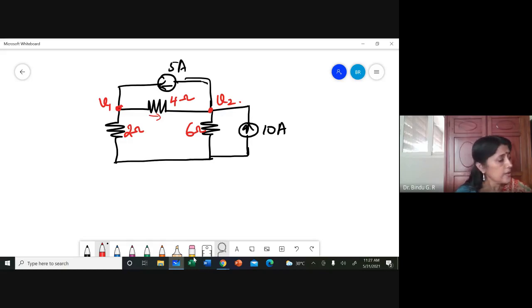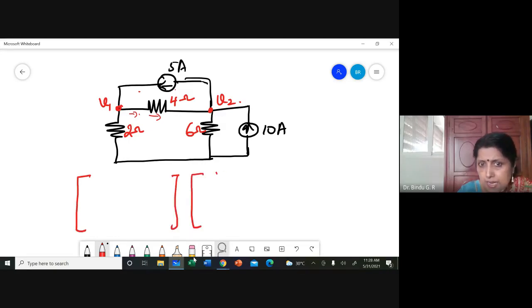Now, you can write the equation directly. As I told you in the previous section, you can denote I1, I2, I3, etc. and write the equation using KCL, and then from the KCL equations 1 and 2 in our previous case, you can come to the matrix equation, or else you can directly write the matrix equation, as I mentioned in the mesh current analysis also.